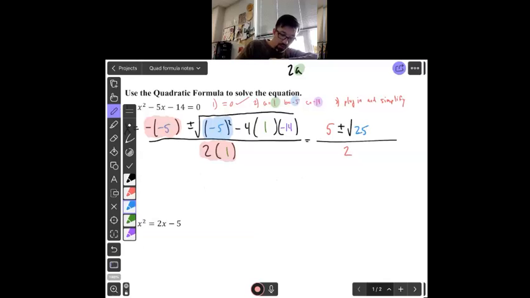And then I would go on to this part. Again, signs are such a huge issue. How many negatives are there? Garrett, how many negatives do you see there?